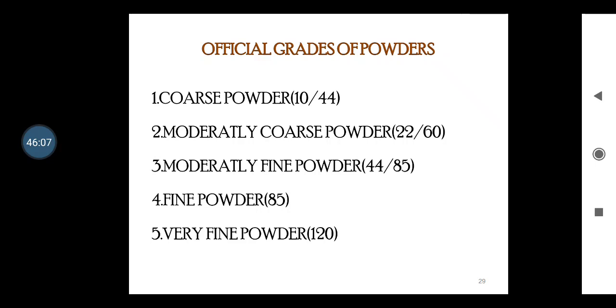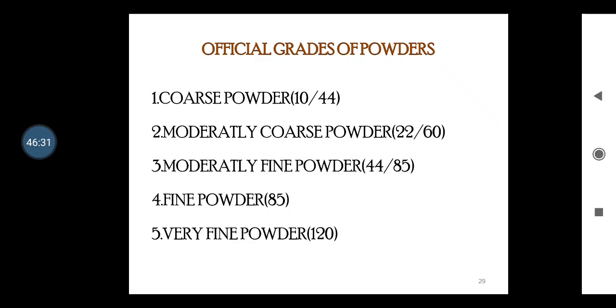When we discuss the significance of these numbers 10 and 44, we come to know that the nominal mesh aperture size for sieve number 10 is 1.7 mm. Whereas for the upper limit of the coarse powder, that is 44, the nominal mesh aperture size is 355 micrometer.